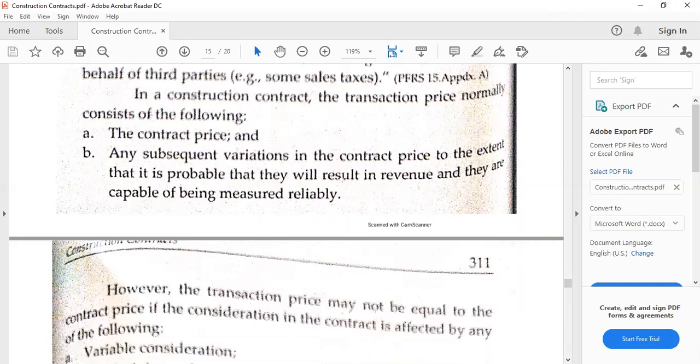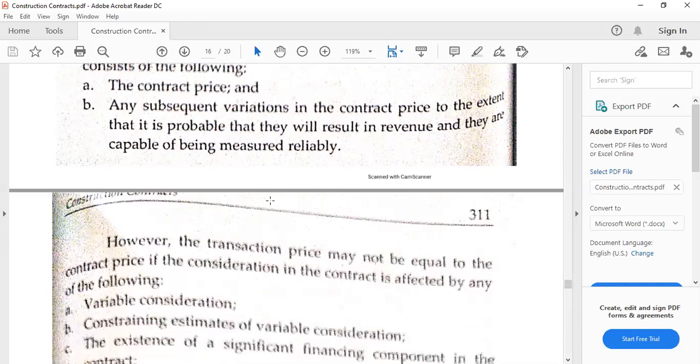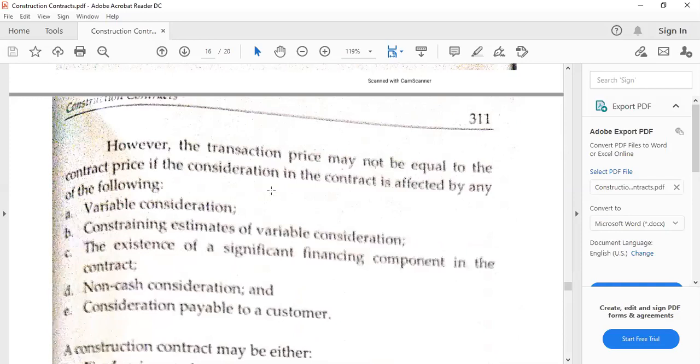Then in case there would be variations, meaning there would be changes in the contract, then the amount to be added in case there would be changes to the scope of the contract. Then the transaction price may not be equal to the contract price established if there will be some variabilities.